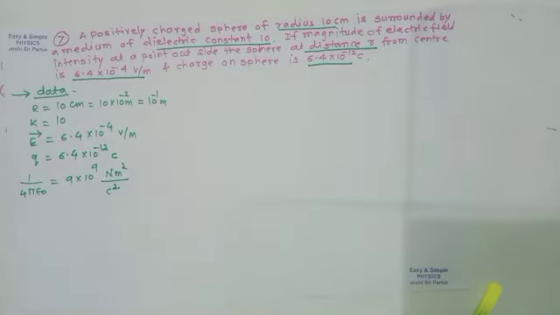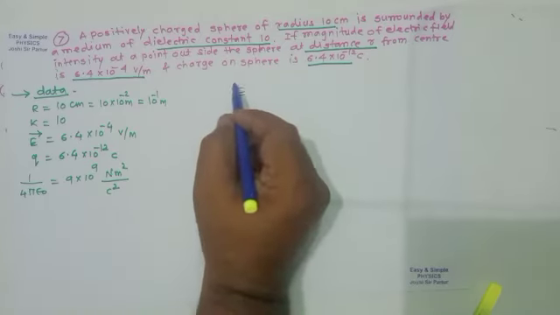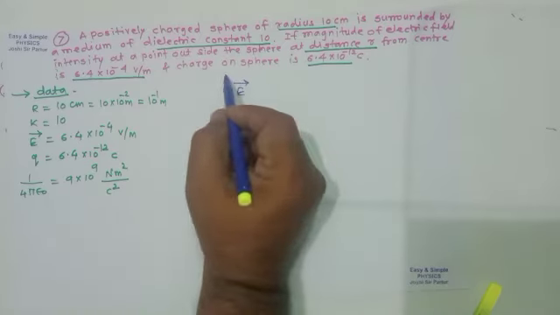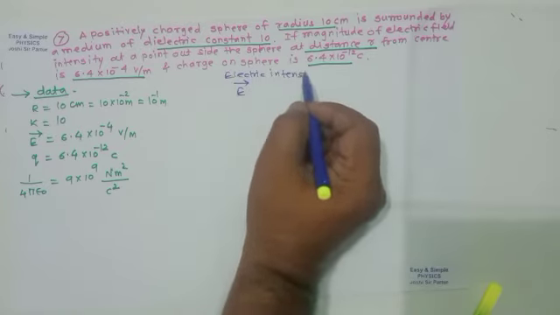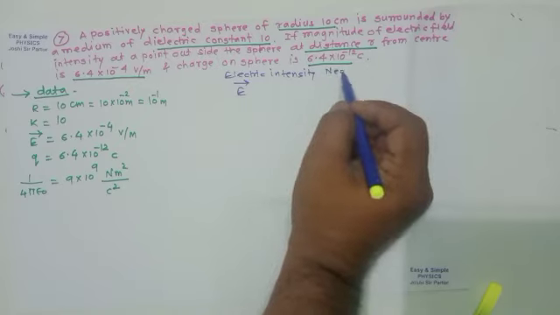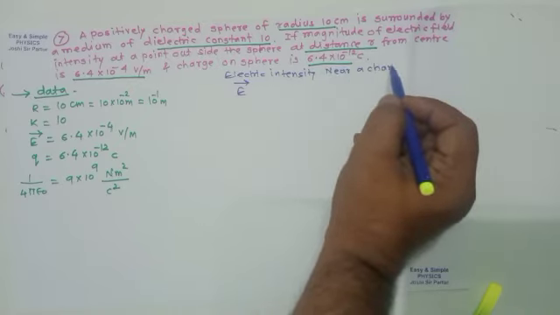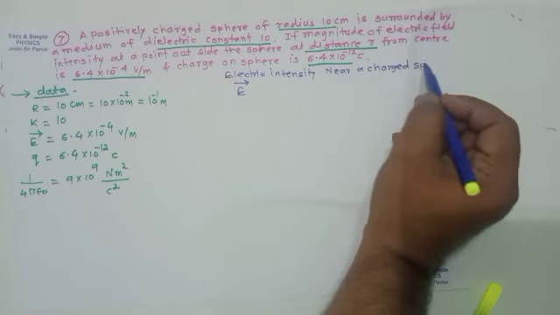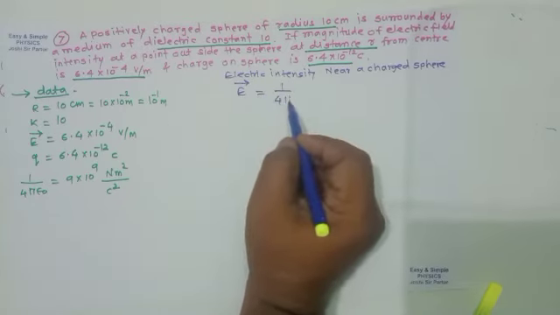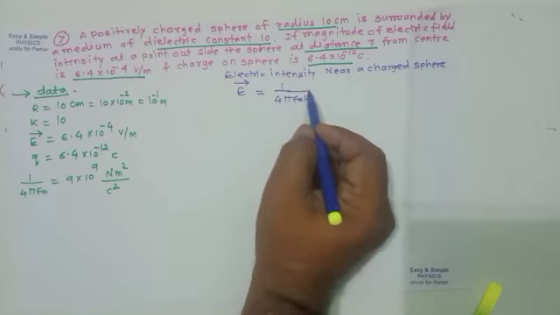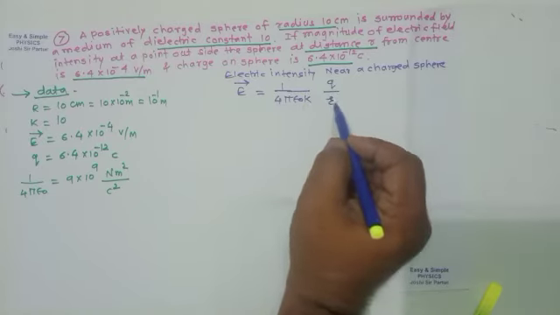In such examples, we have seen the formula, and here the formula for electric intensity near a charged sphere is 1 upon 4 pi epsilon 0 K Q upon r square.